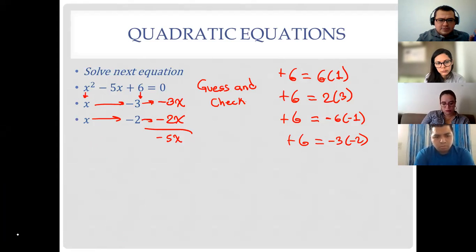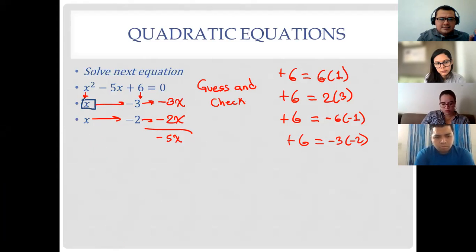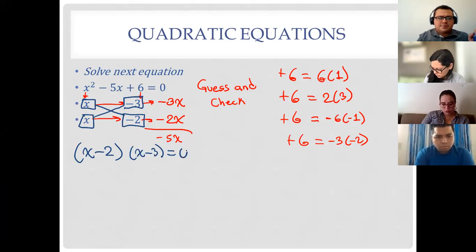You're going to mix this x with this -2, so you create the next expression, x minus 2, and this x with this -3, and you create the other expression, x minus 3 equals 0.